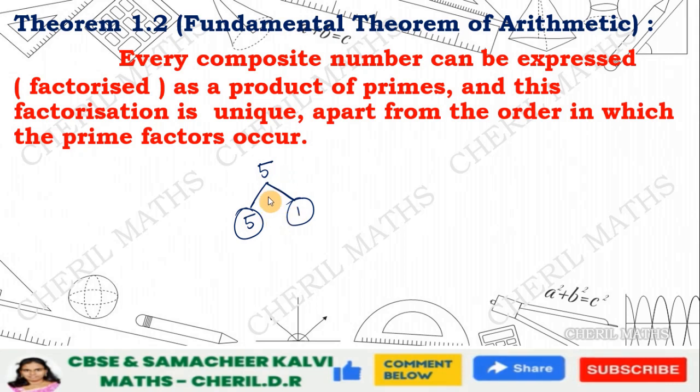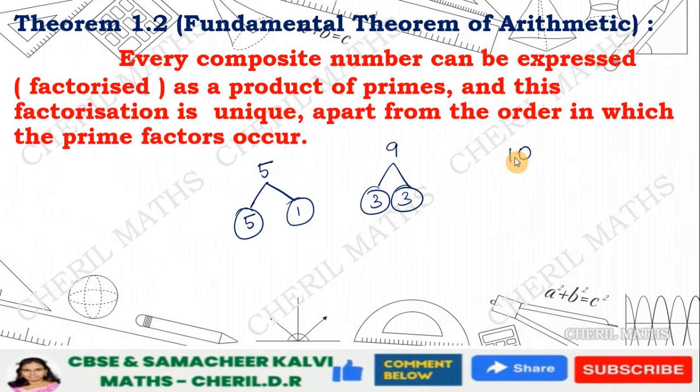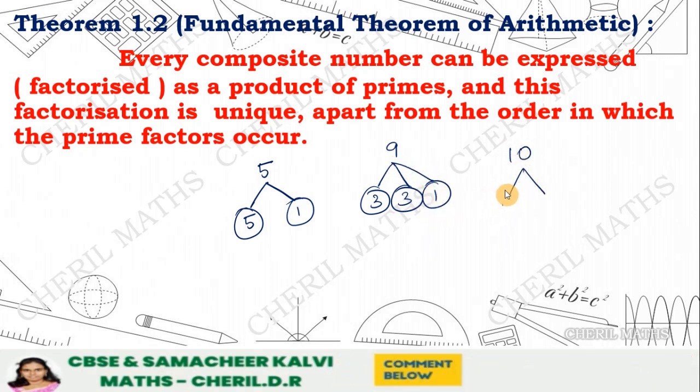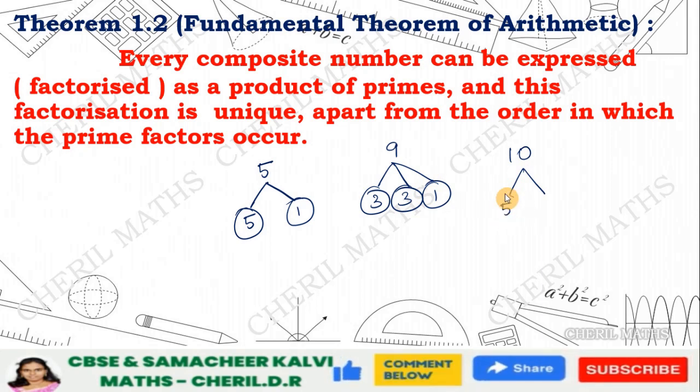If you have the number 9, then you have the factors 3 and 3. If you have 10, then the factors are going to be what? You also have 1 there. So for 10 you will have 5, you will have 2, and you can also have 1 there, because you know that every number is a factor of its own number, and also it's a factor of 1.